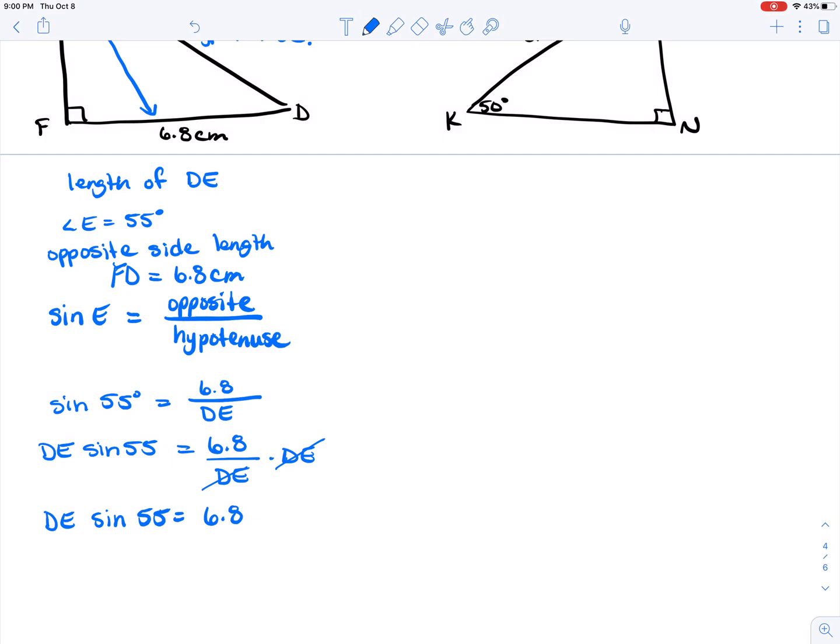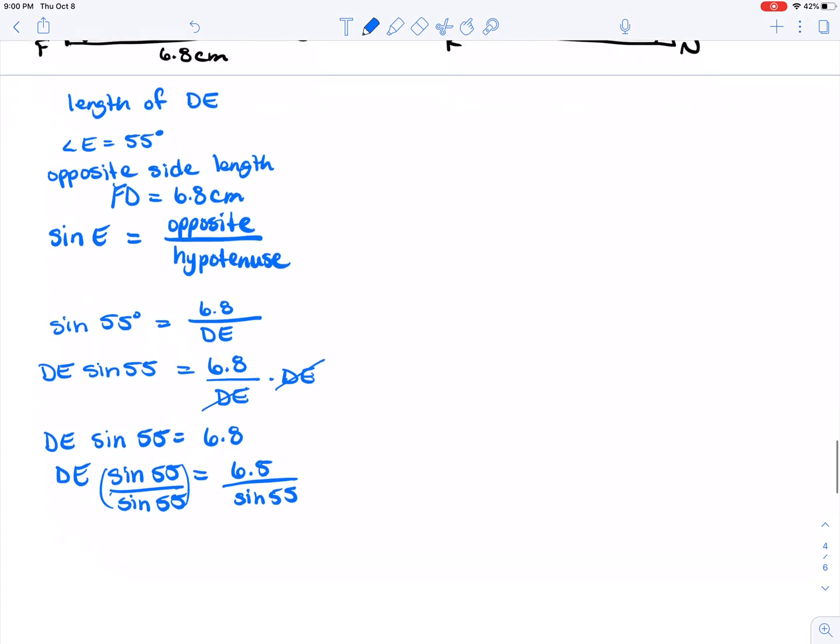And in order to isolate DE, now I need to divide both sides by sine 55. So there's my 6.8 divided by sine 55. And of course, sine 55 divided by sine 55, that's the same as saying 1.